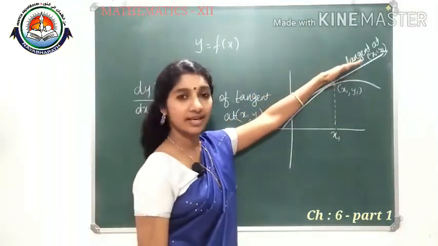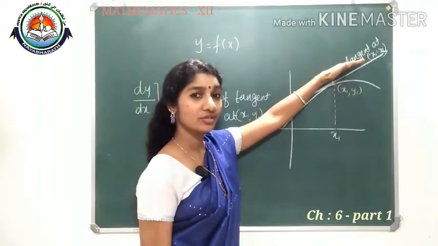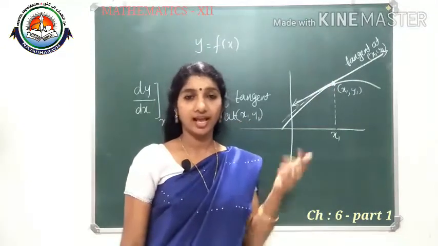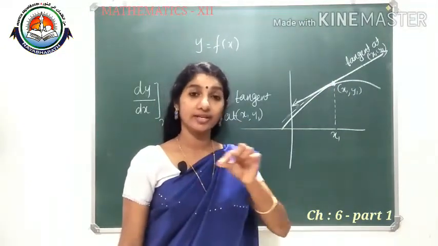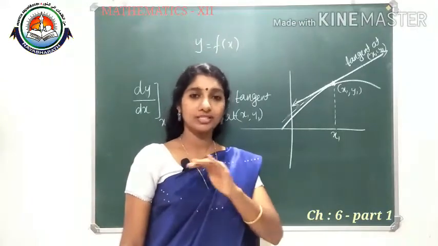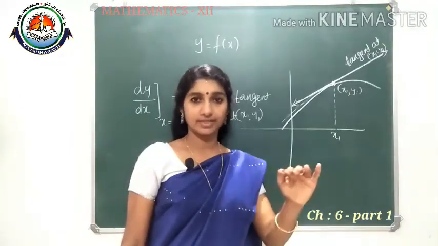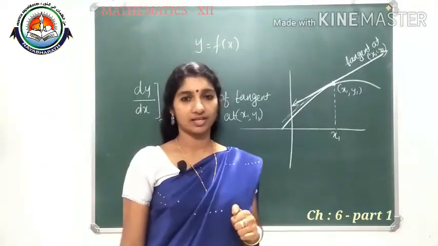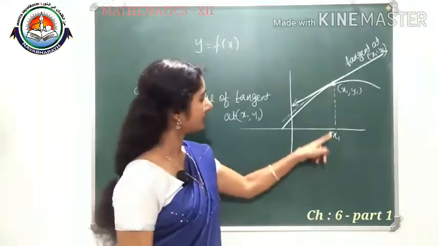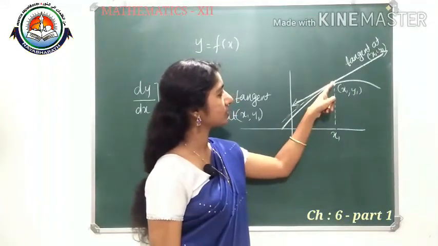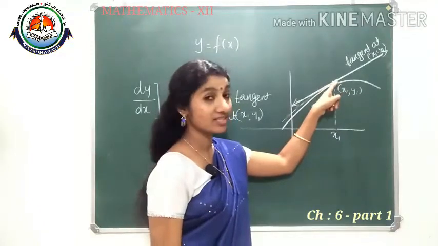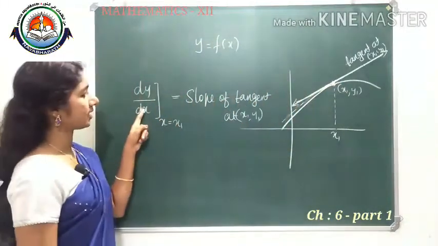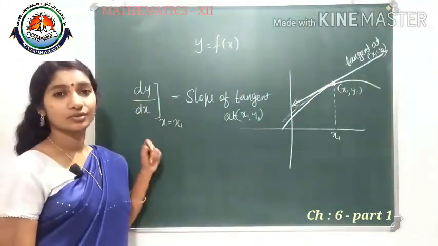See, the tangent is a straight line. How can we find the equation of a straight line? You need the slope of the straight line and a point through which it is passing. If you know any one passing point and the slope of the straight line, we will be able to write its equation. Now we have the point x1, y1 through which this tangent is passing, and we got the slope of this tangent, dy by dx at x equal to x1.